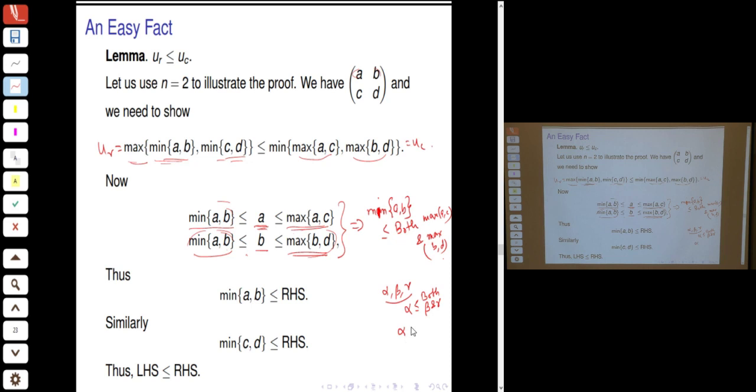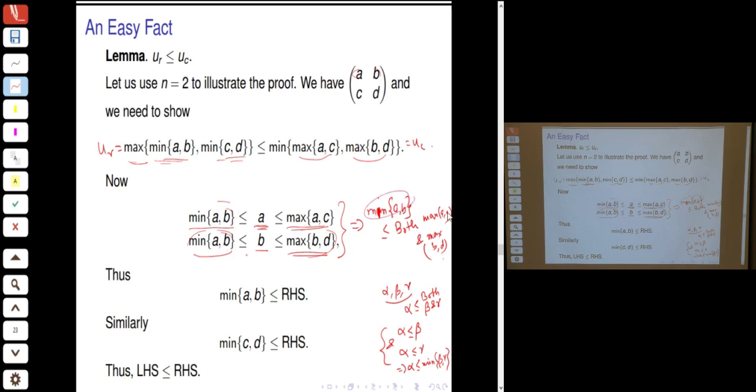So what does that mean? It means that alpha is less than or equal to beta and alpha is less than or equal to gamma. But this in particular means that alpha is less than or equal to the minimum of beta and gamma, right? If alpha is less than or equal to both beta and gamma, then alpha is less than or equal to the minimum of the 2. So now apply this understanding to here.